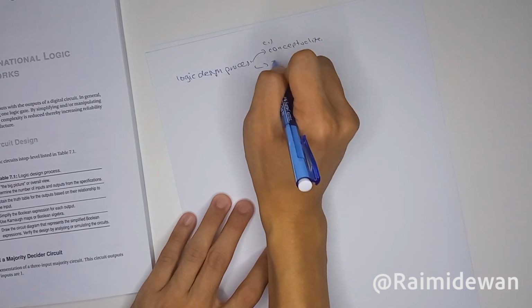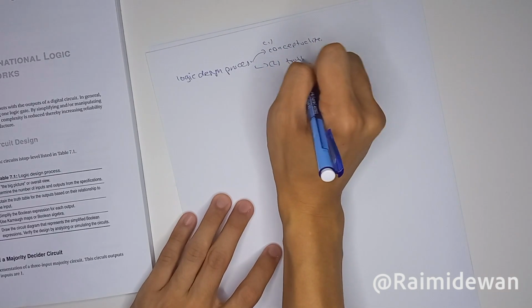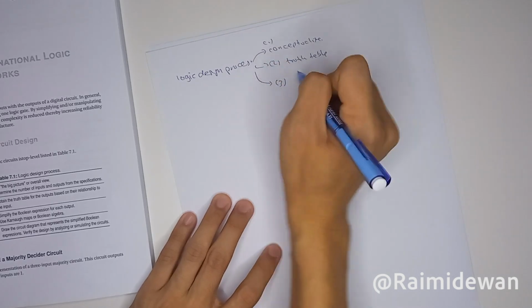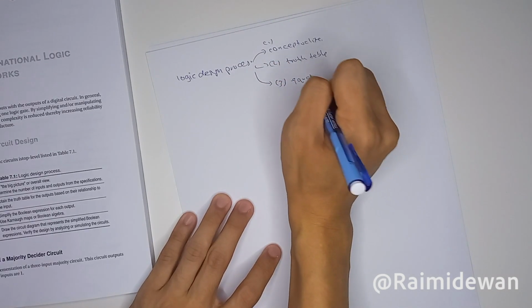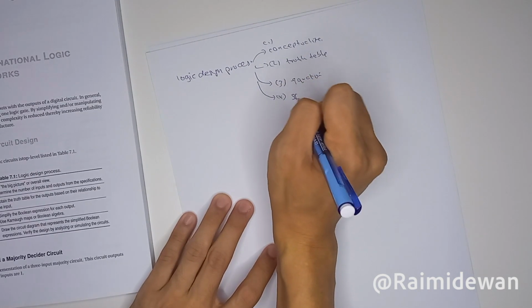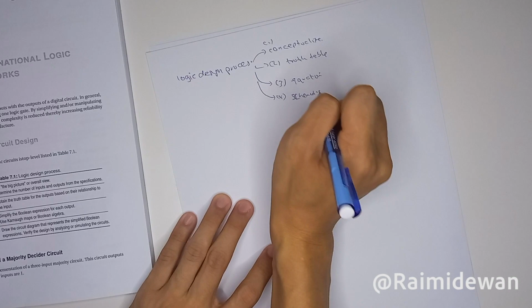Number 2, you go to the truth table; you design the corresponding truth table. Number 3, you go for equations. And number 4, you go to the schematic, which is the design with the gates.